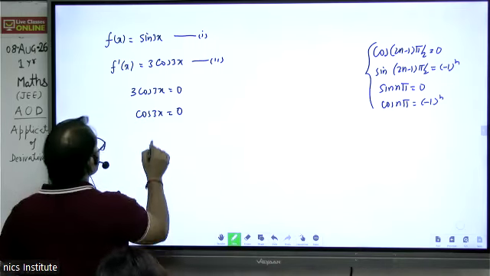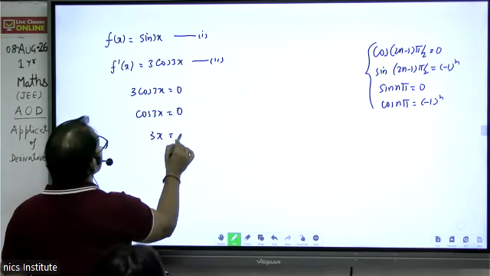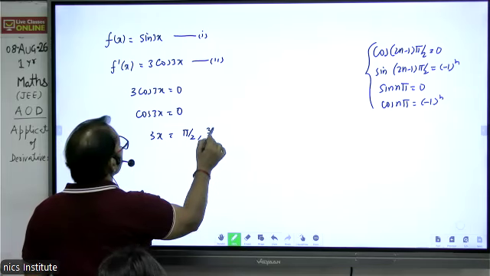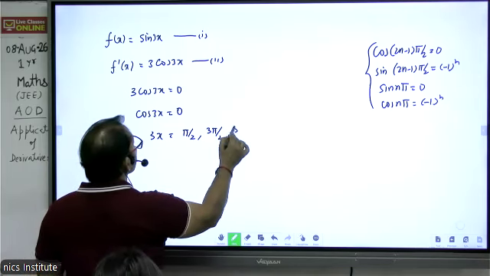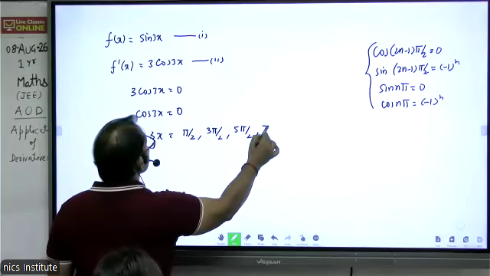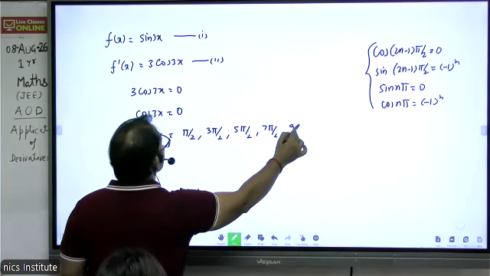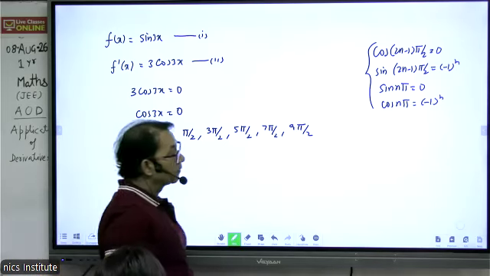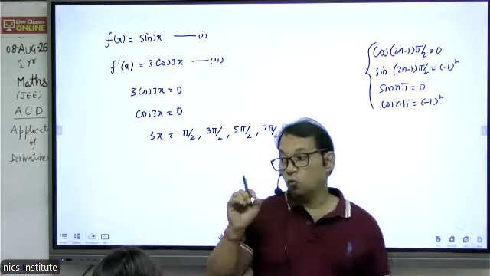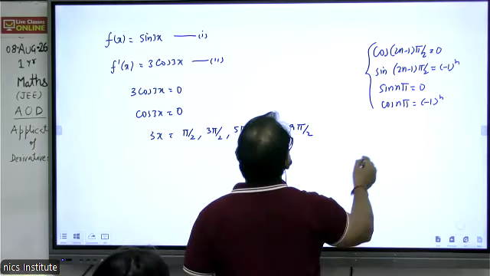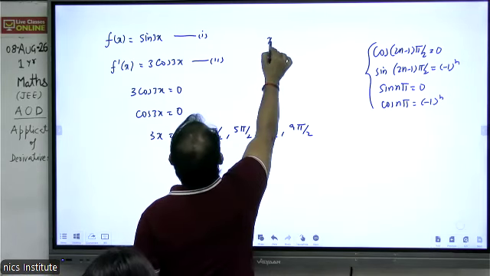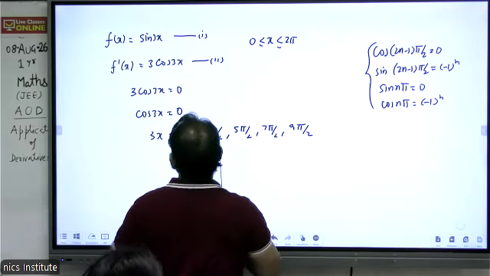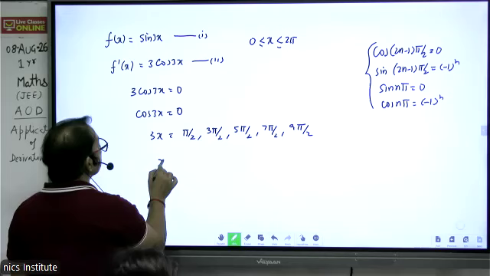So that means 3x will be pi by 2, 3 pi by 2, 5 pi by 2, 7 pi by 2, 9 pi by 2, and so on. Right? But the interval given to us is x belongs to 0 to 2 pi. So this is 3x. So I'll find x now.